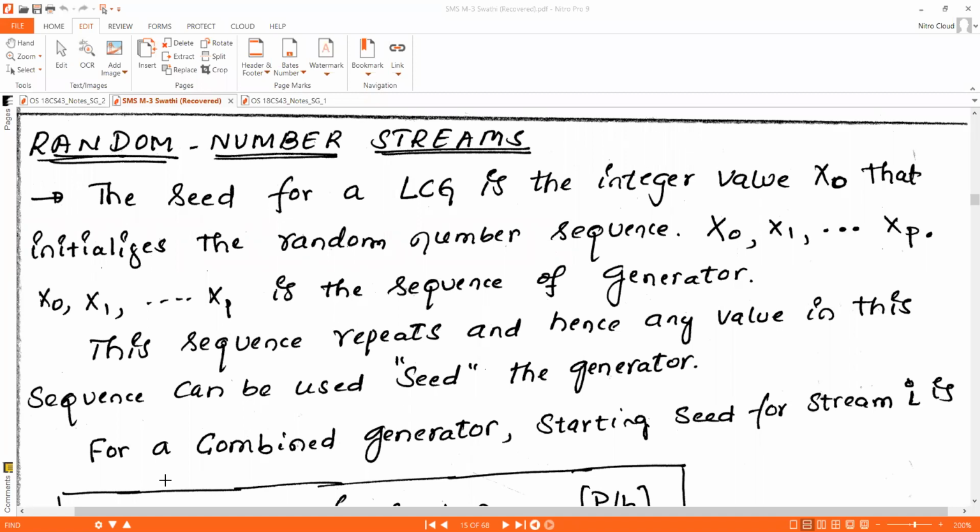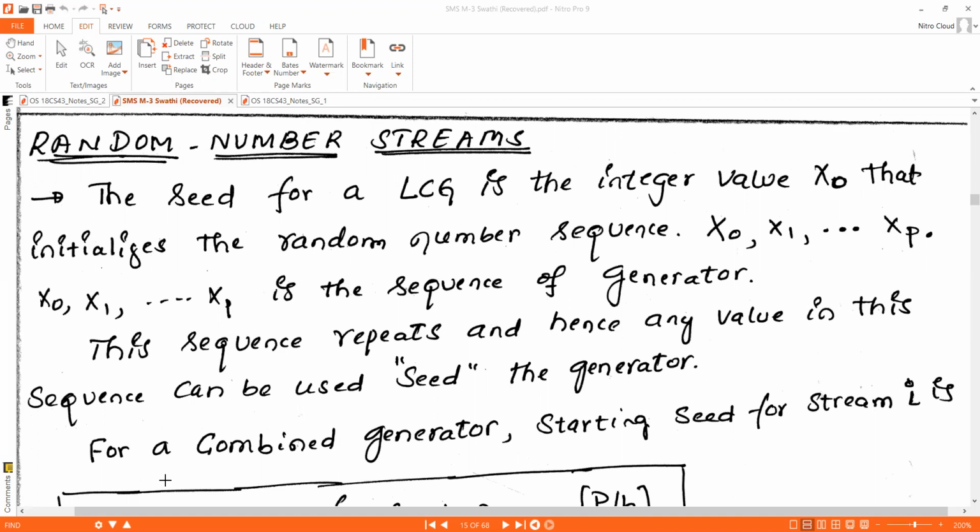This x0, x1, x2, x3, x4 till xp is the sequence of the generator. This sequence repeats, and hence any value in this sequence can be used as the generator's seed value.